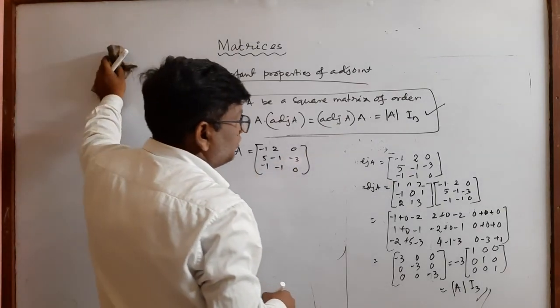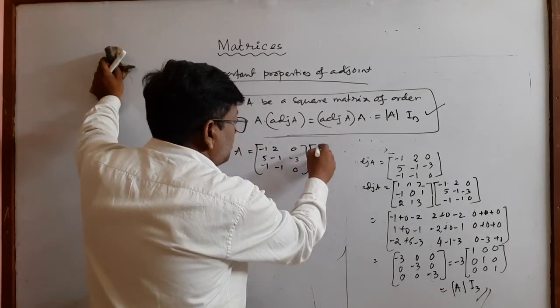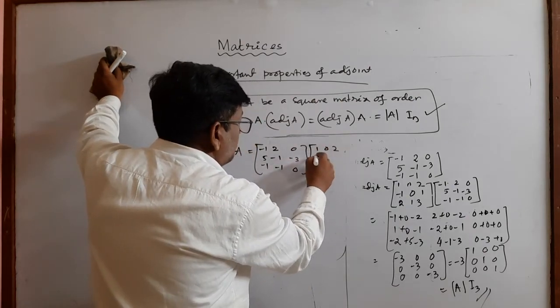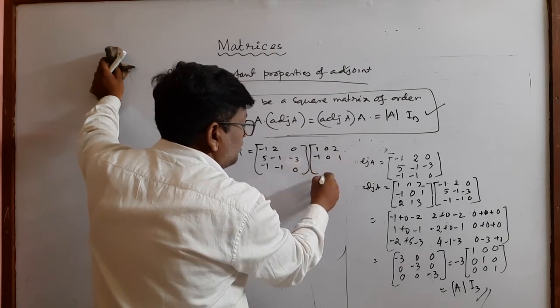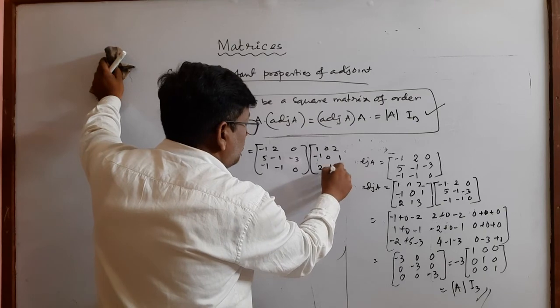Matrix A is equal to 1, 0, 2, minus 1, 0, 1, 2, 1, 3.